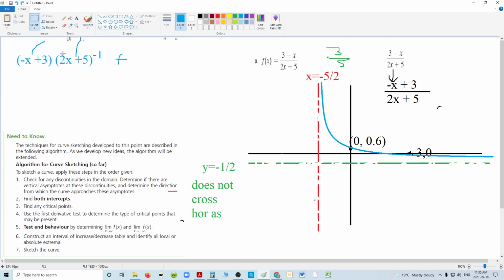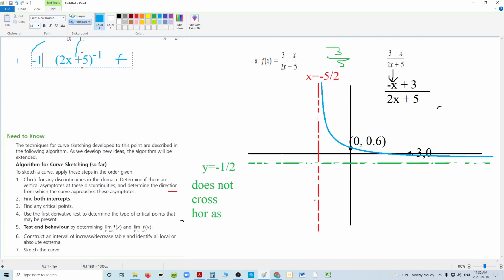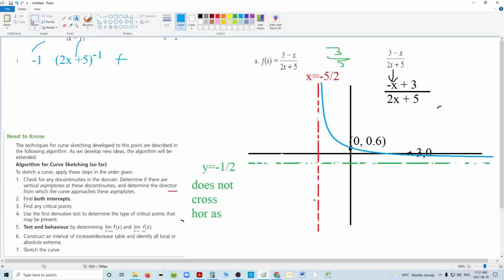Well, for this one, the derivative of minus x plus 3 is just minus 1. And since I'm timesing it the original factor, that just ends up being this, minus 1 over the original thing. Okay. Now I've got to figure out what the plus is.